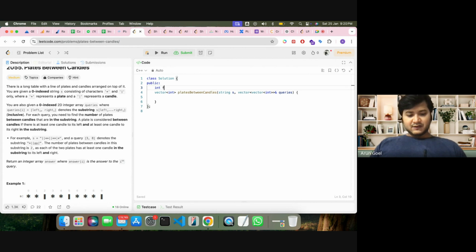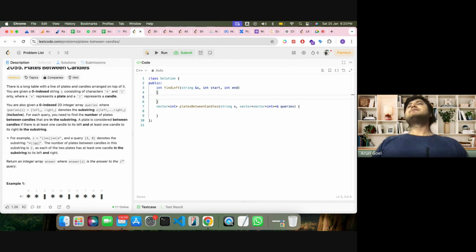Int findLeft. Okay. What are we given? We are given the string s. We are given a start and we are given an end. And of course, we will want the prefix sum array also, no?